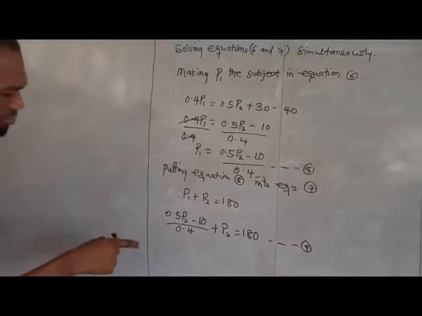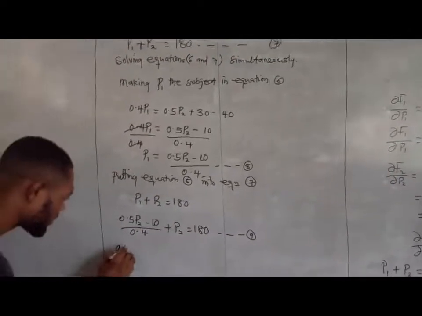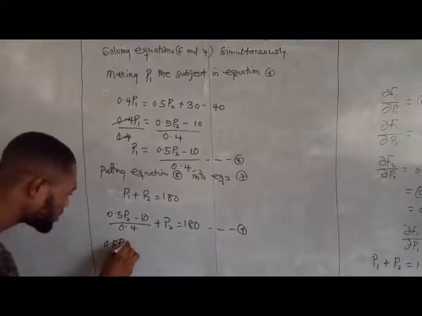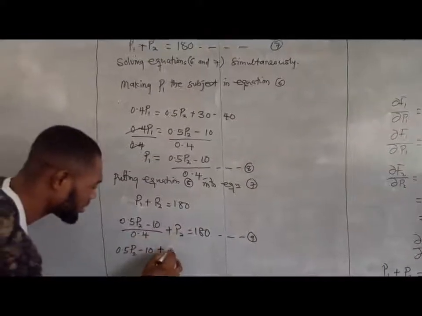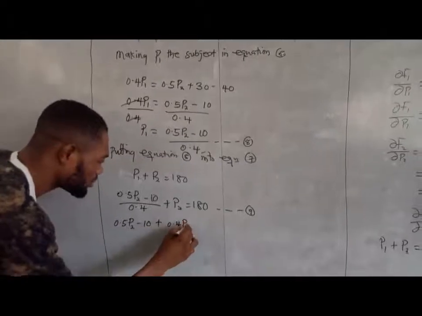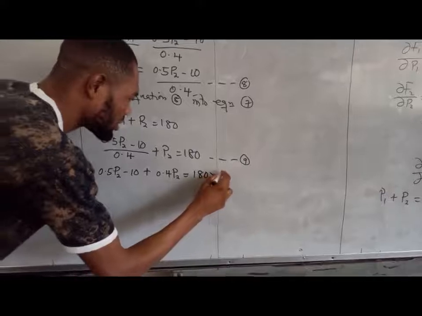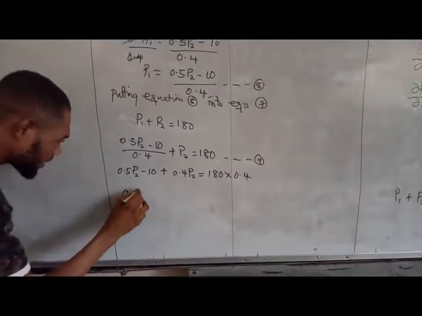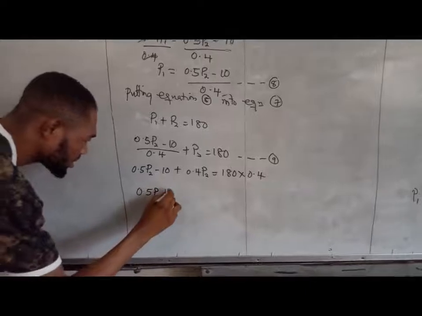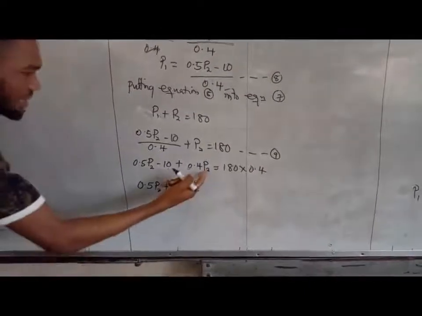Now I can find P2 here. 0.5 P2 minus 10: this becomes the LCM. This multiplied by this, I have 0.4 P2, then equals 180 times 0.4. So I can have 0.5 P2 plus 0.4 P2. These are like terms, P2 and P2.